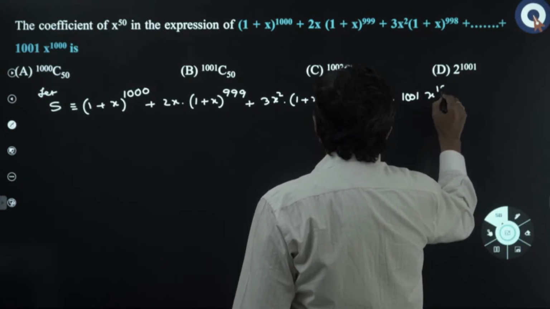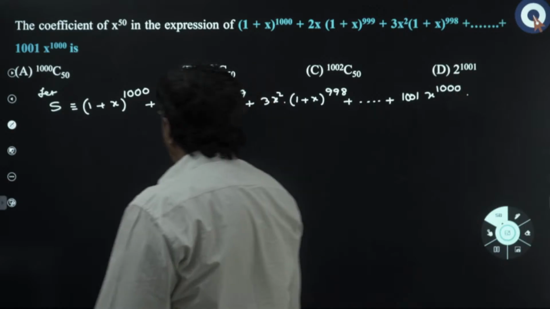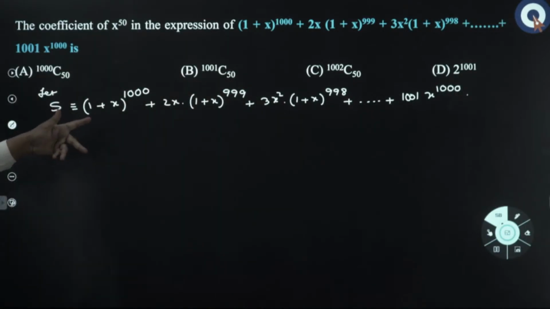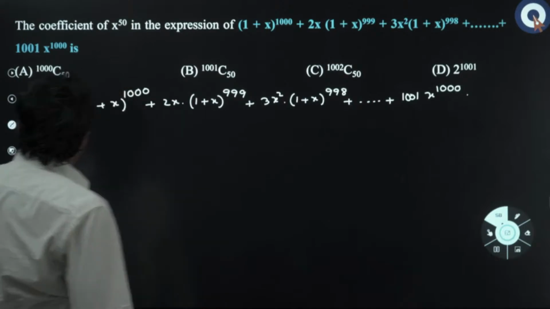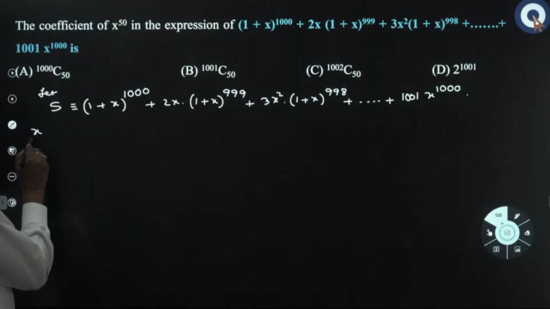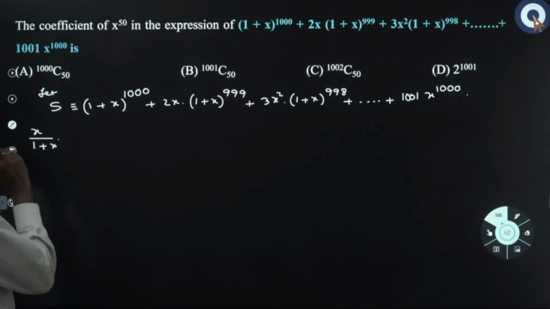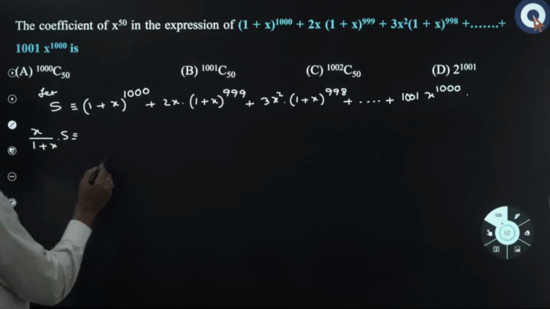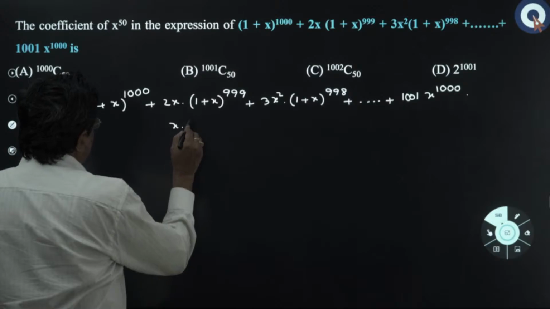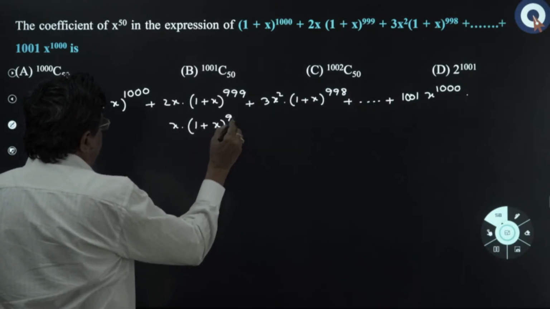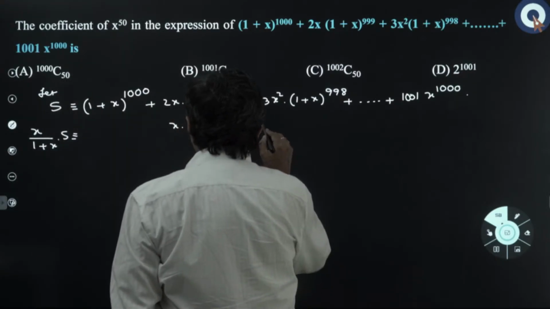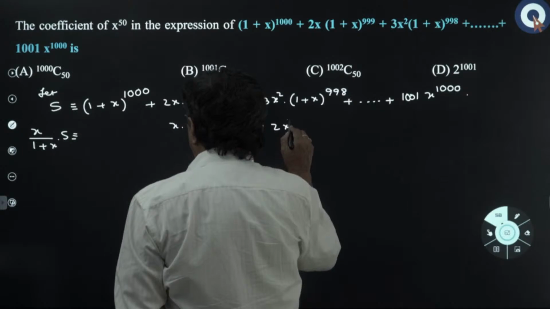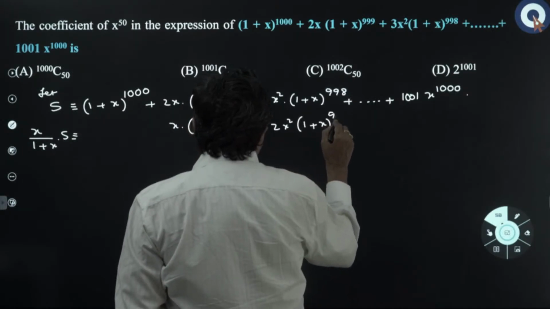x power 1000. Now, this is an arithmetico-geometric progression. The common ratio of the GP part is x by (1 plus x). So we will just multiply this with x by (1 plus x) and then multiply that with S. So that we get x into (1 plus x) to the power of 999 as 2 for the AGP, plus 2x square into (1 plus x) to the power of 998 and so on.